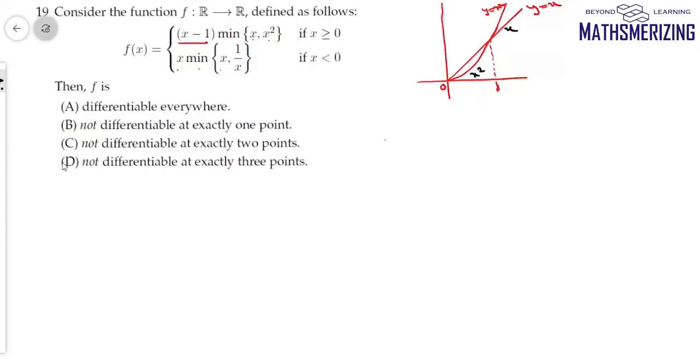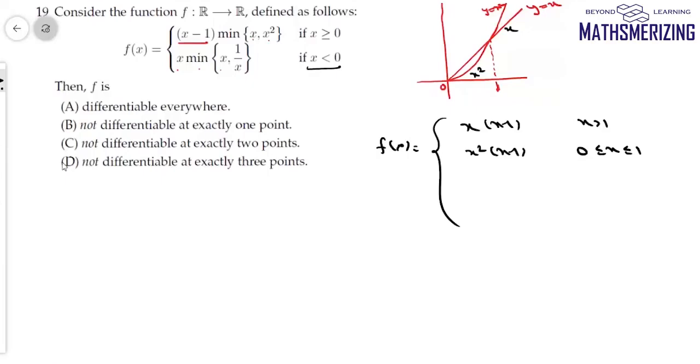So I can write this function f(x) as x into x minus 1 when x is greater than 1, and this is x square into x minus 1 when x lies between 0 and 1. Now when x is less than 0, I need to consider minimum of x and 1 by x.